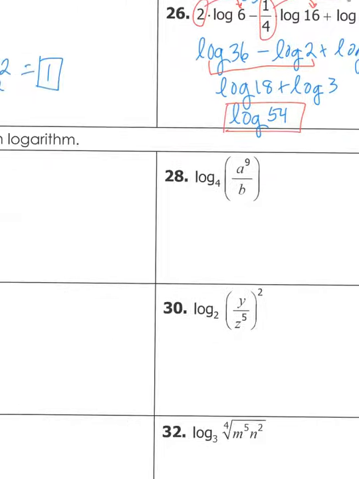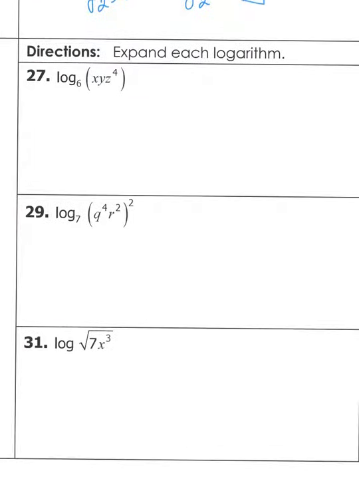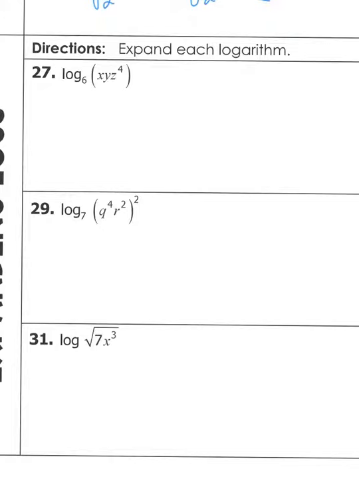So let's expand them. So we compressed on all those, now let's expand. So here I have everything being multiplied. So to expand with multiplication, we're going to use addition. So I have log, and these get long, so log base 6 of x plus log base 6 of y plus log base 6 of z to the 4th.